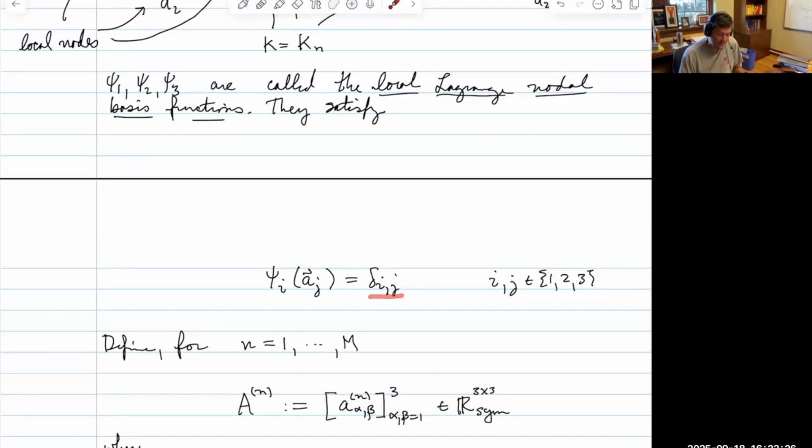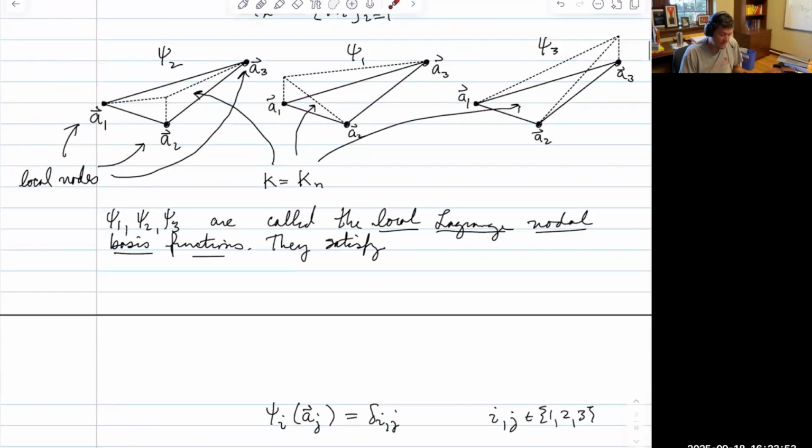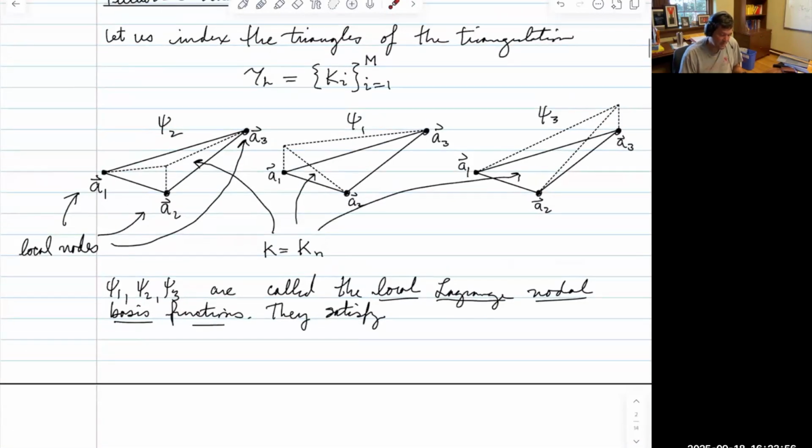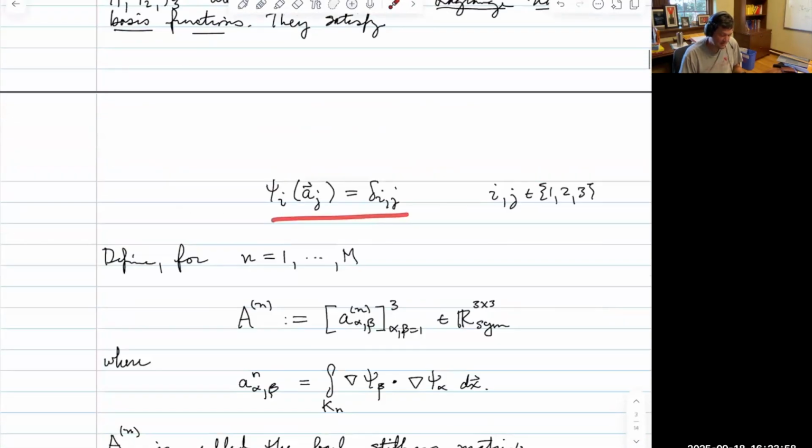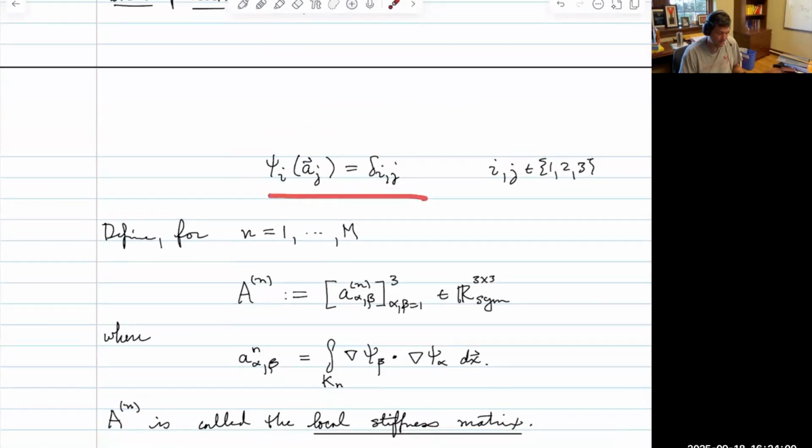By the way, the Kronecker delta symbol is precisely the elements of the identity matrix I. In this case, it's the elements of the 3 by 3 identity matrix because there are 3 degrees of freedom and 3 basis functions. So those are our local Lagrange nodal basis functions, satisfying what's called the Lagrange nodal condition.